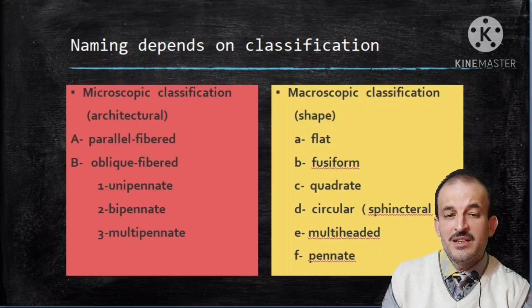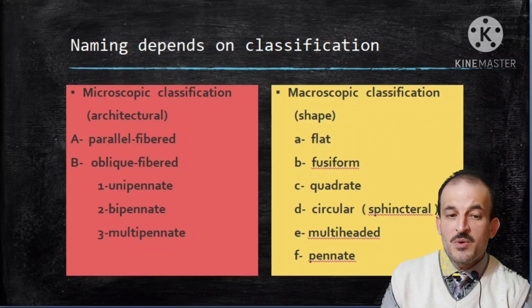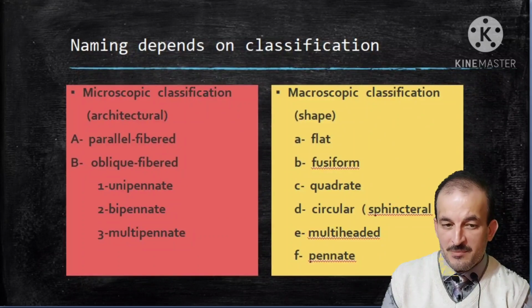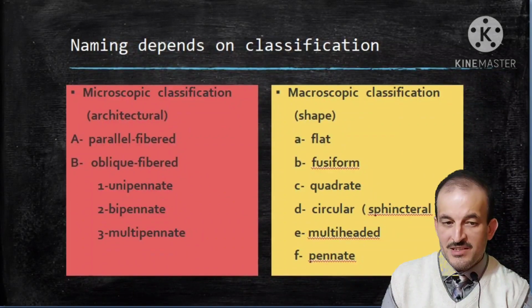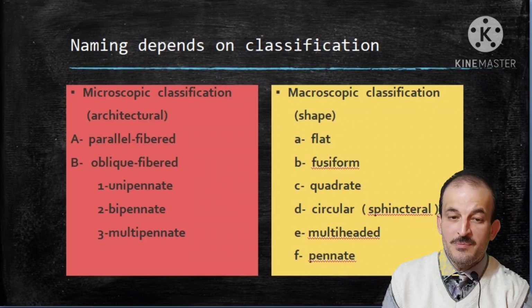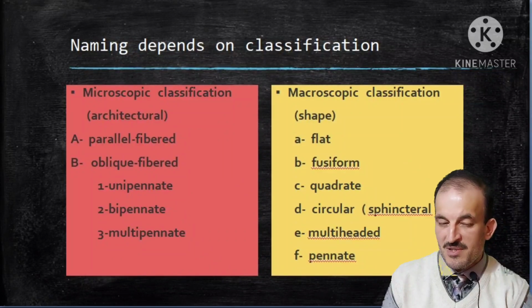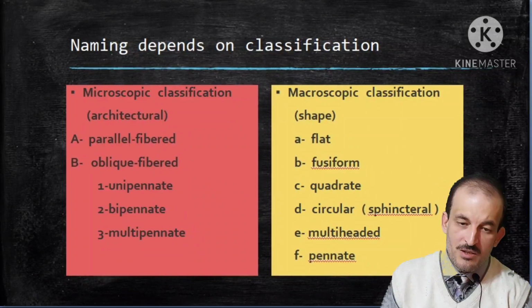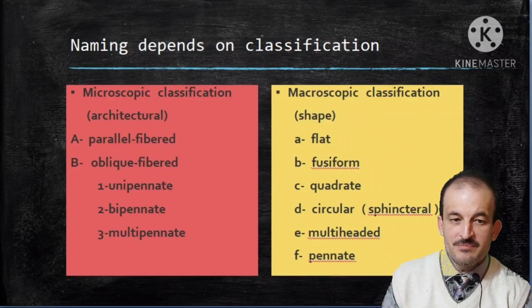If we depend on microscopical or architectural classification, we have parallel fibered and oblique fibered, and the oblique takes three divisions: unipinnate, bipinnate, and multipinnate. If we depend on macroscopical classification, or the overall shape of the muscle, we have flat, fusiform, quadrate, circular or sphincteral muscles, multi-headed, and pinnate muscle.